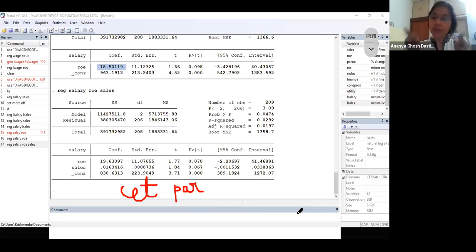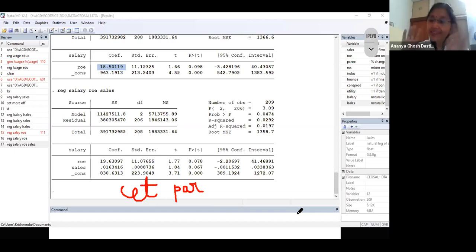It means if you have two firms with exactly the same ROE, that's what it means to say holding ROE constant. If you have two firms with exactly the same ROE, the one which is selling $1 million more will pay its CEO $0.016 thousand more. So you see why I am telling you multiple regression is such a powerful tool.